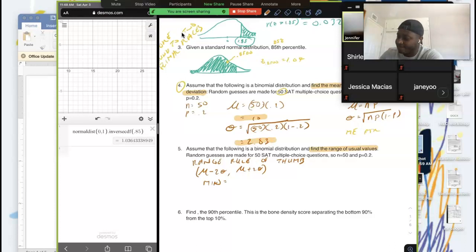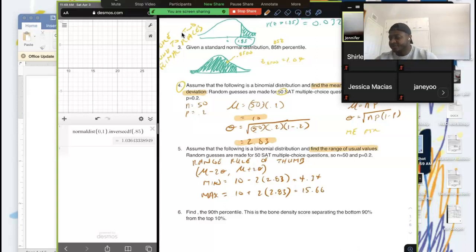So we have 10 minus 2 times 2.83, and our max is going to be 10 plus 2 times 2.83. And that will give me 15.66.